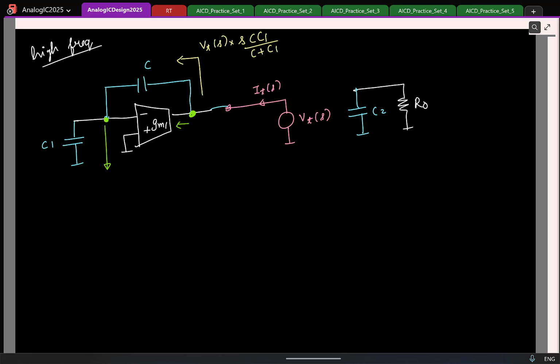Is there any current flowing here? I apply this, I know this voltage here, and I'm interested in finding this voltage. How will you find it? Voltage division. It is Vt of S times what ratio? Is it C1 by C plus C1, or C by C plus C1? I'm hoping this much is clear.